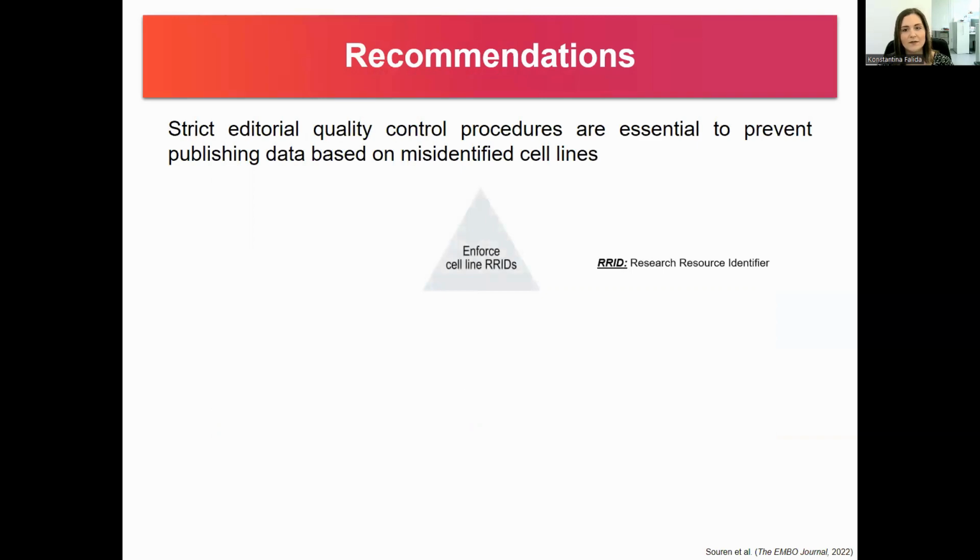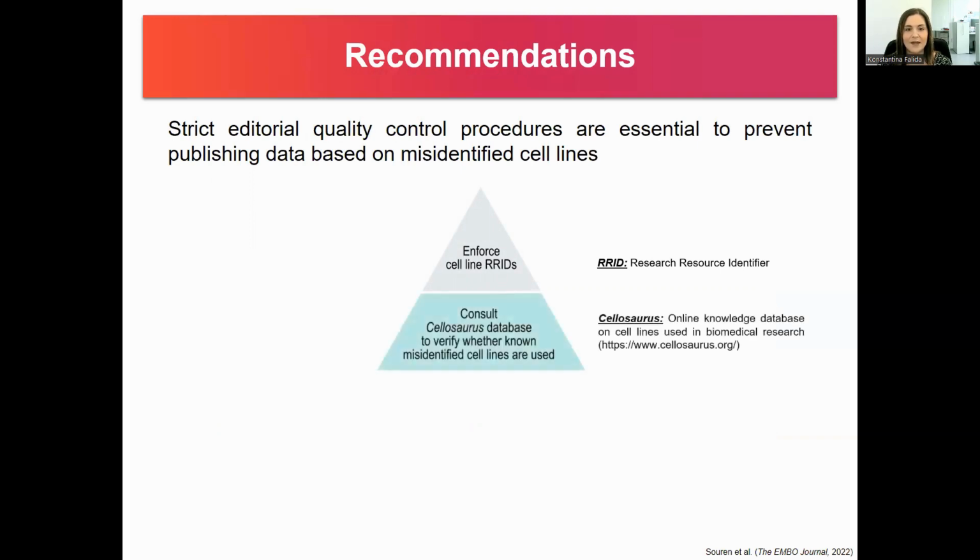Journals should consider to enforce the use of cell line research resource identifiers, which can be obtained at the RRID portal or at the Cellosaurus database, where actually a warning is displayed when a cell line is misidentified. Journals should verify all cell lines used in a manuscript in the Cellosaurus database, where many cell lines are recorded.